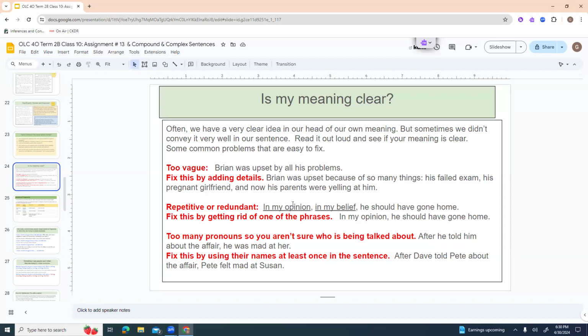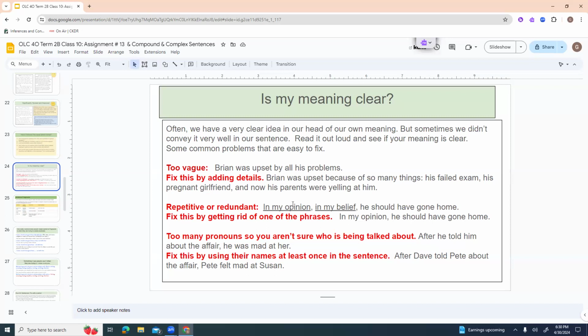So another thing to think about is some common problems that are easy to fix. If you're vague: Brian was upset by all his problems. Well, what problems? You fix that by adding details. Brian was upset because of so many things, his failed exam, his pregnant girlfriend, and now his parents were yelling at him. Okay, that's much more detailed.